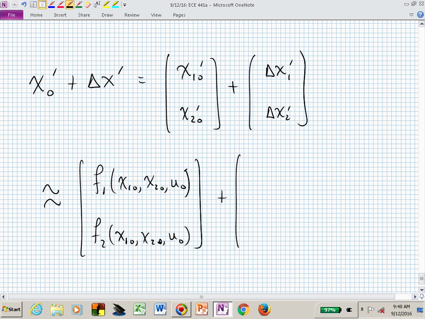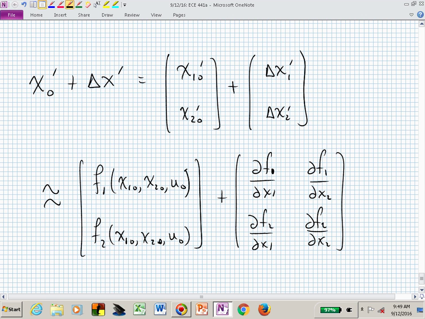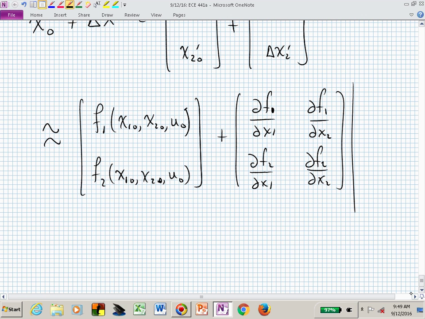And now what do I have? Now I have a matrix of partials. I have the partial of f1 with respect to x1, the partial of f1 with respect to x2, partial of f2 with respect to x1, partial of f2 with respect to x2. What do I do with all those partials? I evaluate those at x1 equal to x1 naught, x2 equal to x2 naught, and u equal to u naught.